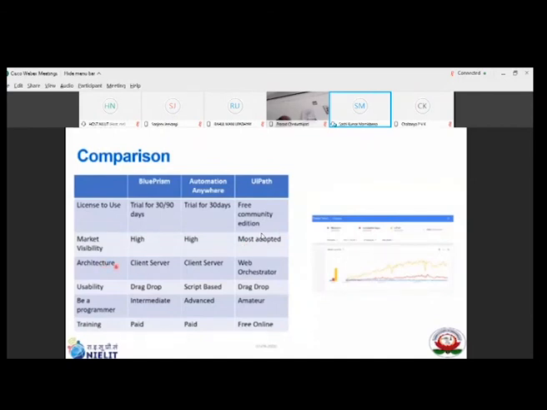The third thing is architecture. These two products are basically reliant on client server architecture. That means if you want to deploy your RPA ecosystem, there should be a dedicated server, and that dedicated server in turn talks to the clients which are running on the individual desktops. UiPath is slightly different.